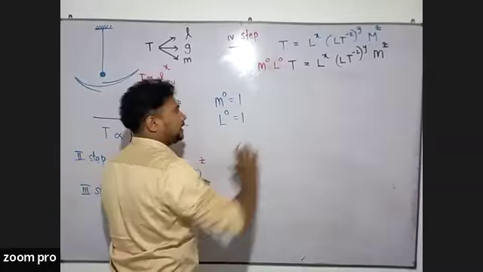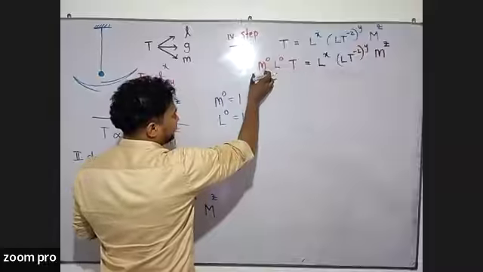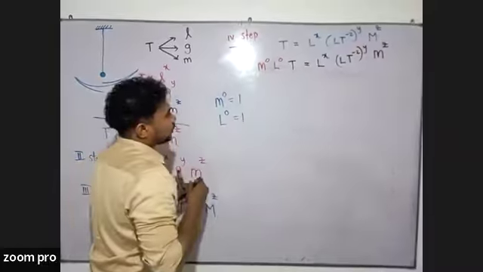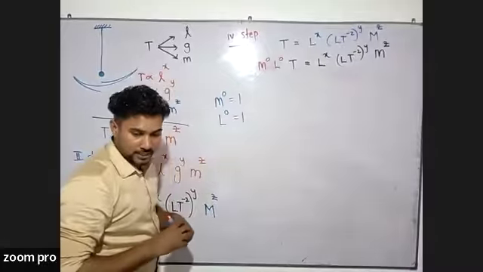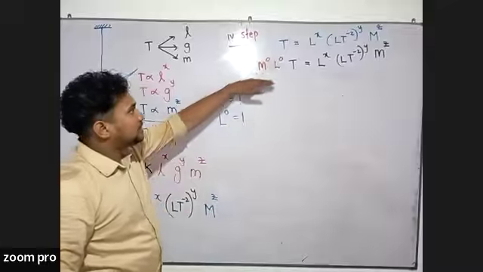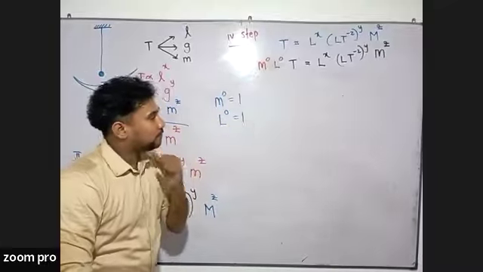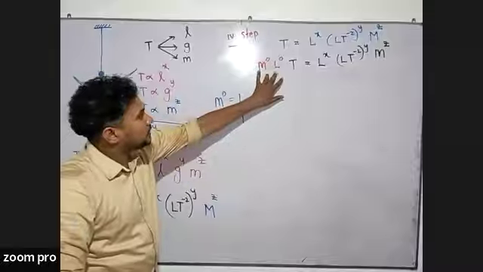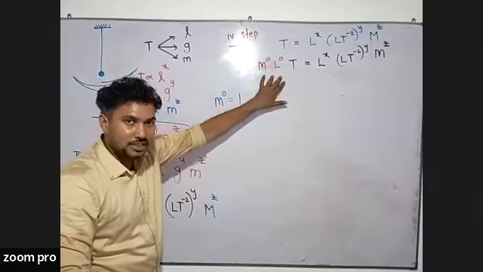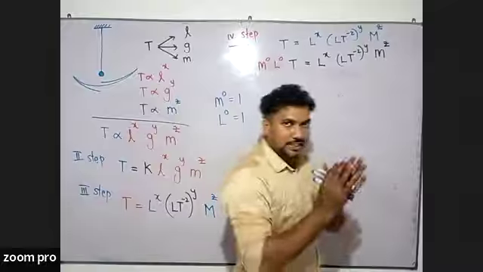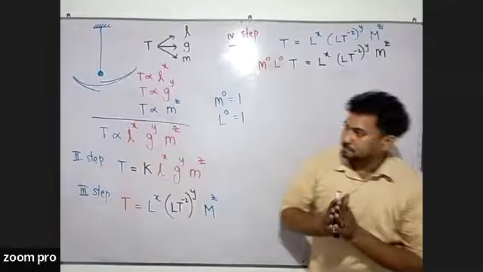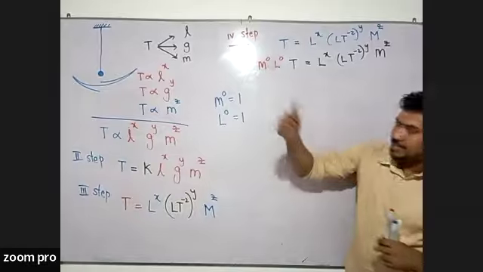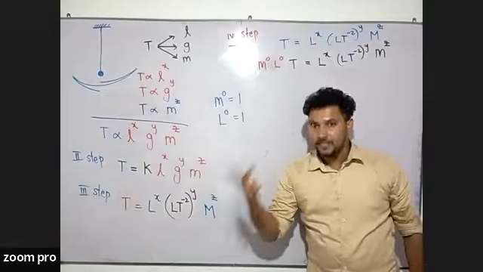So there is no effect on the expression by applying M to the power of 0 or L to the power of 0, right? So you can consider this. Why do we apply those two dimensions to this expression?